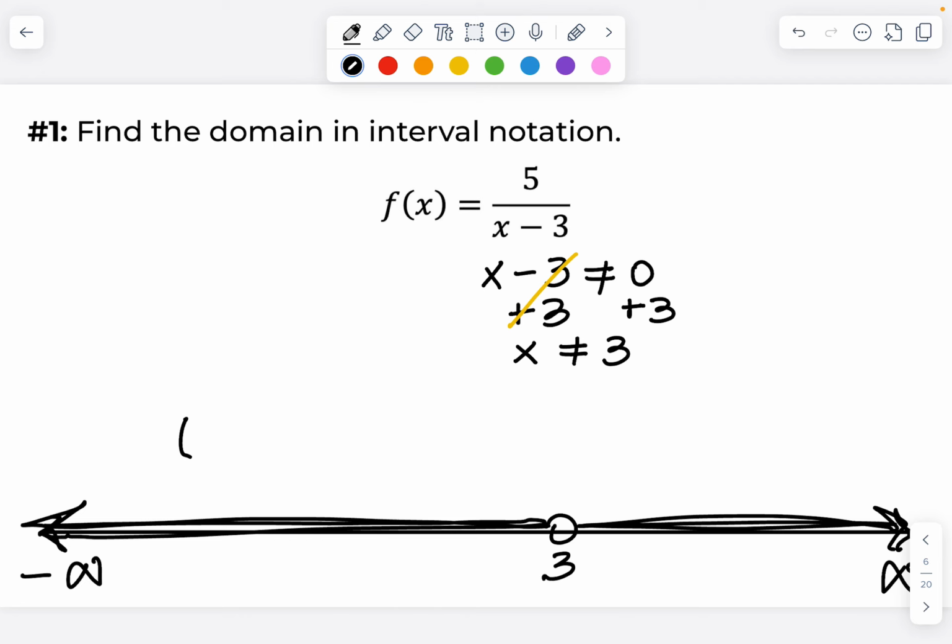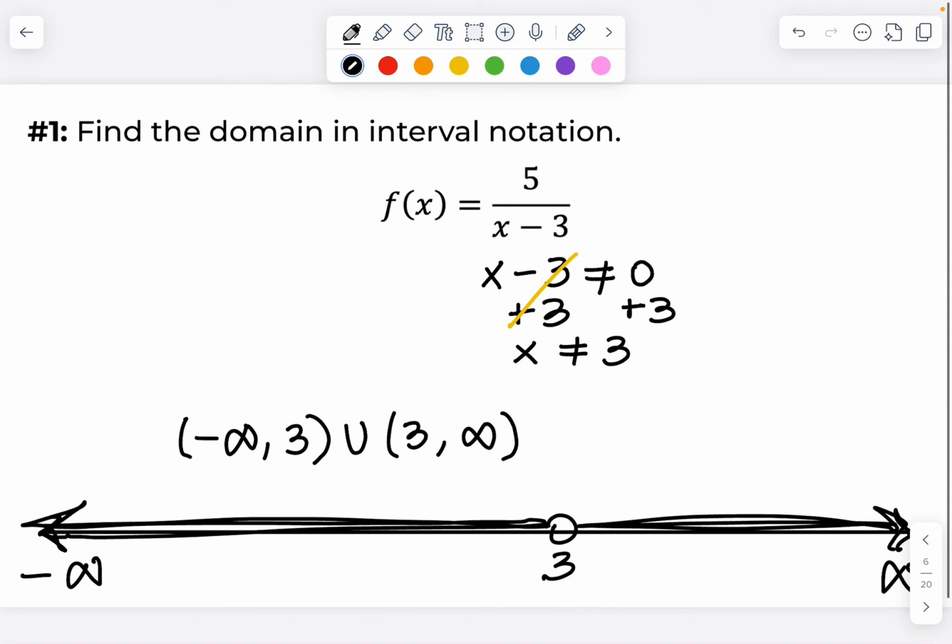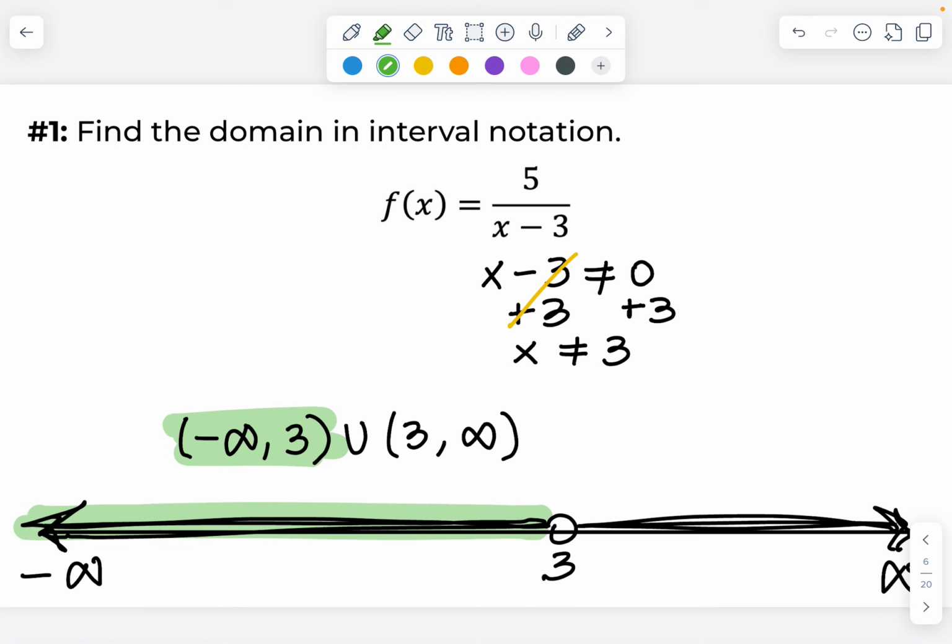All the way on the left, I start at negative infinity, and then I go up to 3, and then I have a union, and then I go from 3 to infinity. So this portion of my interval notation matches this portion of my number line, or you can think about this as your axis. This portion goes with this portion. And that is going to be my domain in interval notation.